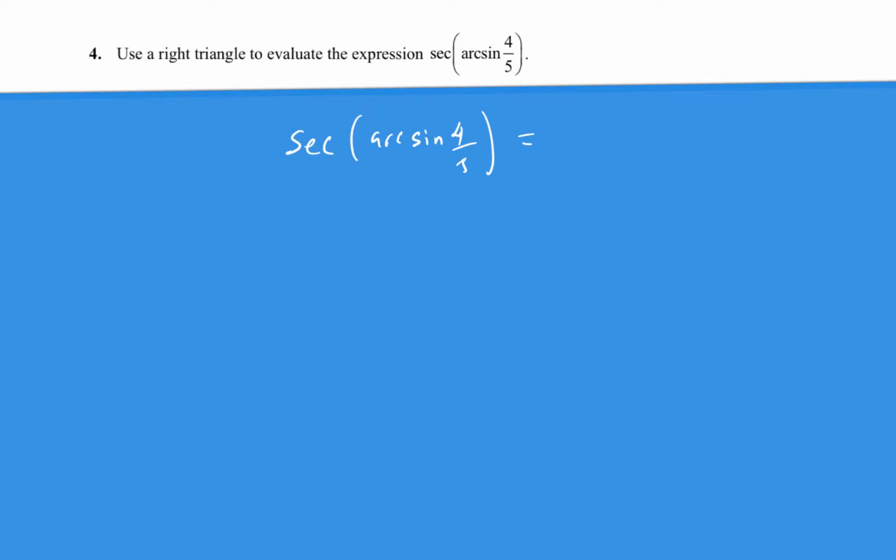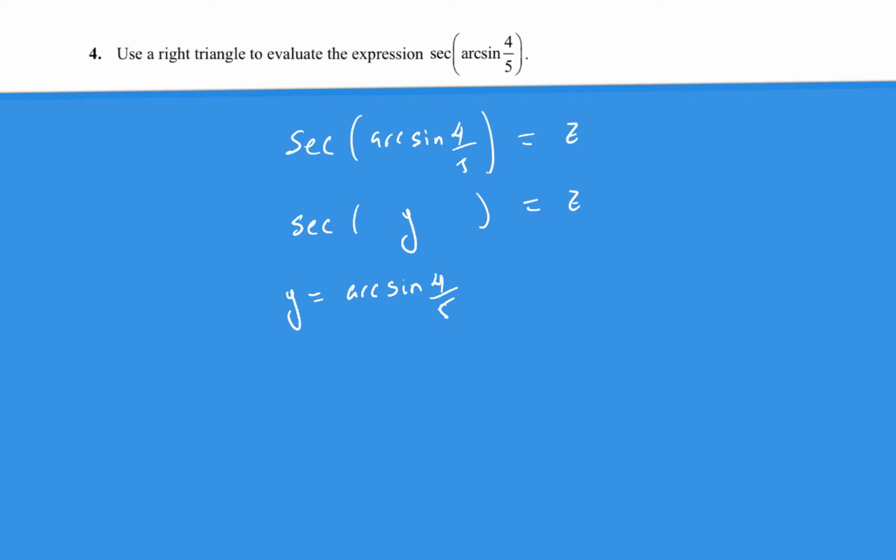This is equal to a number theta that I want to find. So this is secant of y equals theta, where y is arcsine of 4/5.